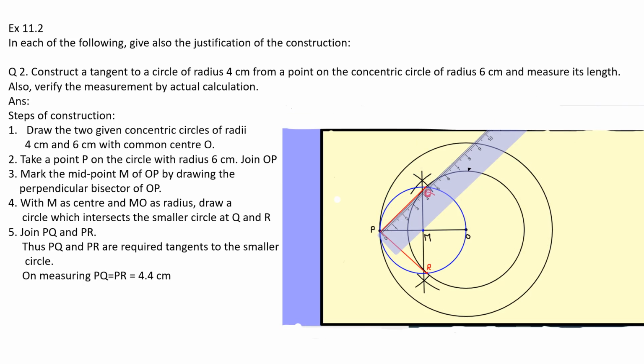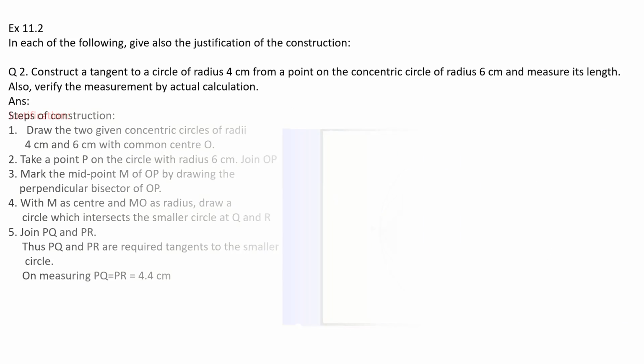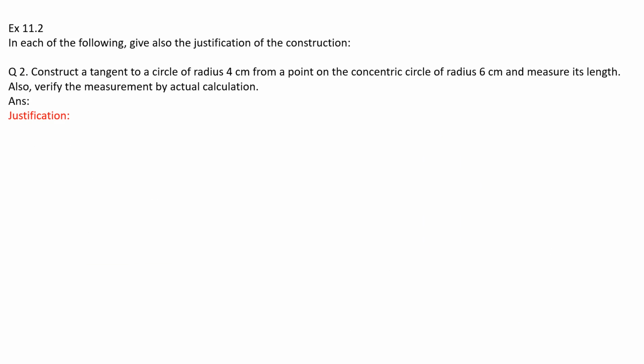Now they have asked to measure the length. Measuring the length, you will get PQ as well as PR to be approximately 4.4 cm. Next comes the justification part, in which again you have to justify why you are saying PQ and PR are the tangents to the circle.